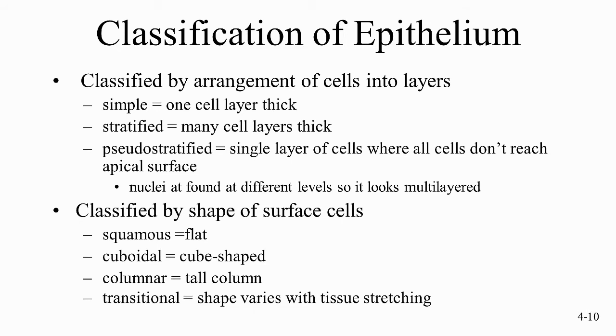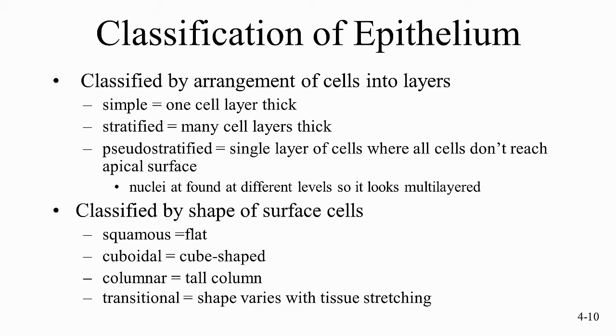And now here, this is a very important tip. When you're trying to classify epithelium and name that epithelium, and if it's a stratified epithelium, always name it according to the top layer of cells. If you look at the bottom layer of cells, they're all going to look cuboidal or columnar. So you have to look at the top layer.